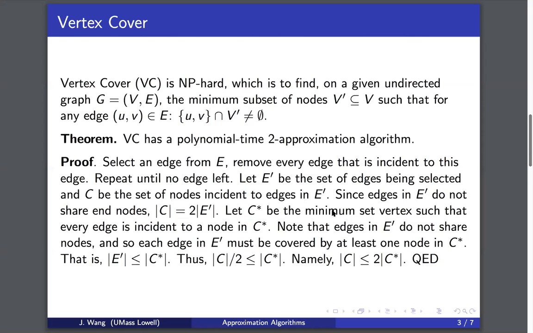There is one relation you need to get. Once you get that, it will be easier. And how do you come up with an approximation algorithm? Most likely it's a greedy algorithm. So in this case, my greedy choice would just be: I pick any edge in the remaining graph. Once I pick it, I remove all the edges that are incident to this edge, and then I repeat this algorithm.